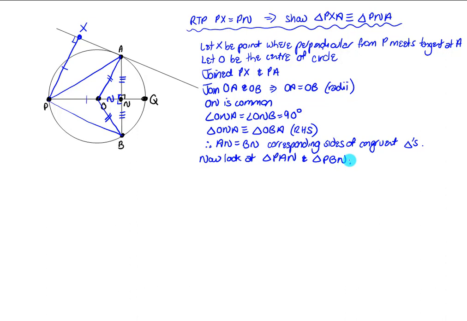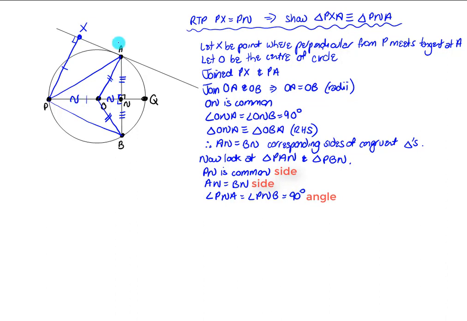If we look at those two triangles, we know that PN is common, this side here. We've already proven that AN equals BN. And we know that angle PNA equals angle PNB, which is 90 degrees.